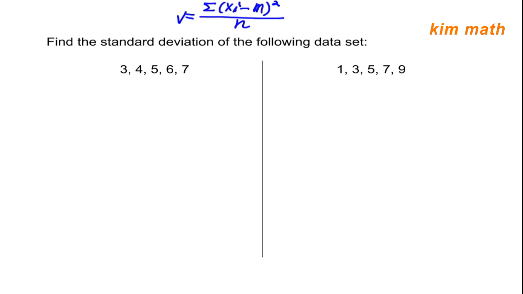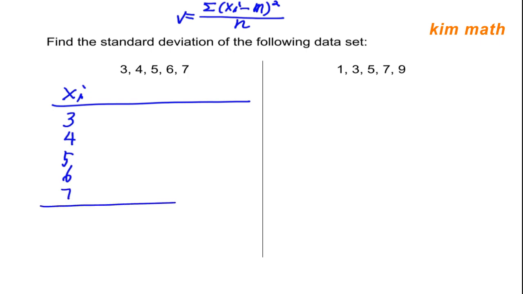I will make a table. This is the xi: 3, 4, 5, 6, 7. Now, next column, xi minus mu. Mu is the mean of this data set, and what is the mean?